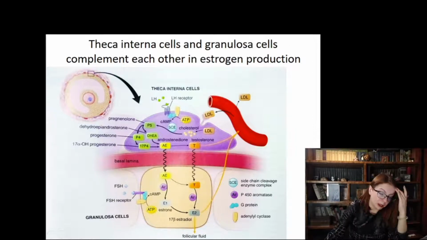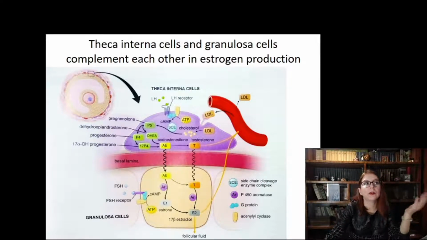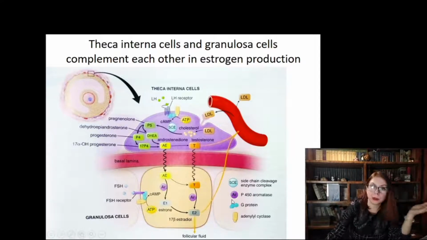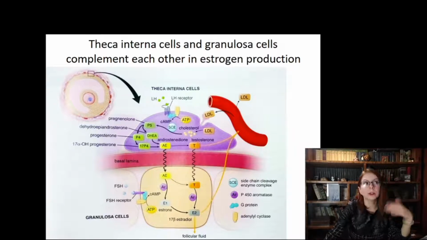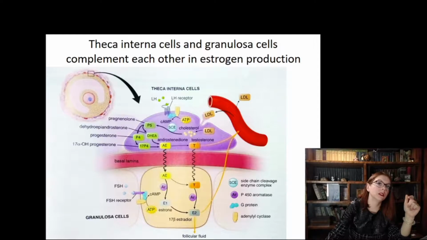Because, for example, in oncology, to stop and to prevent the growth of hormone-sensitive tumors, sometimes aromatase is blocked. So in different types of therapy, one of the strategies is to block the aromatase. In this way, estrogens are not formed, and tumors sensitive to estrogens degenerate.